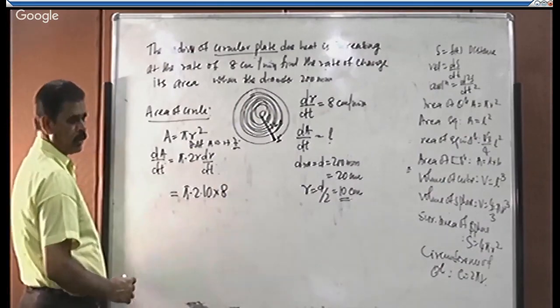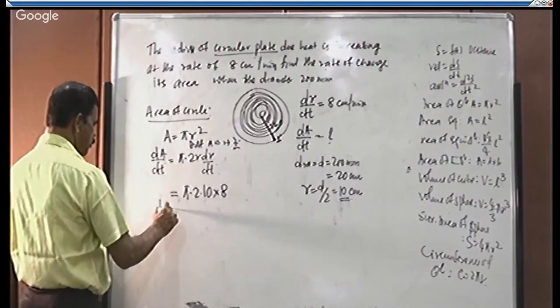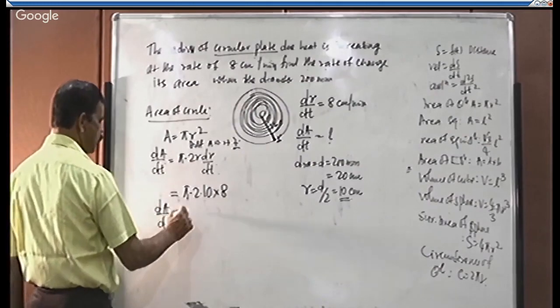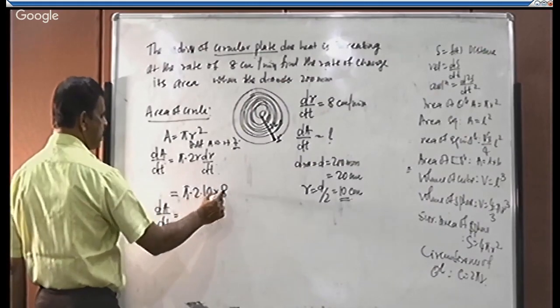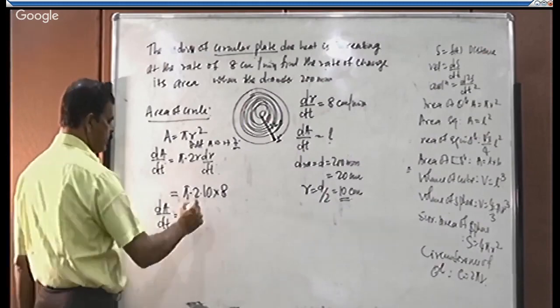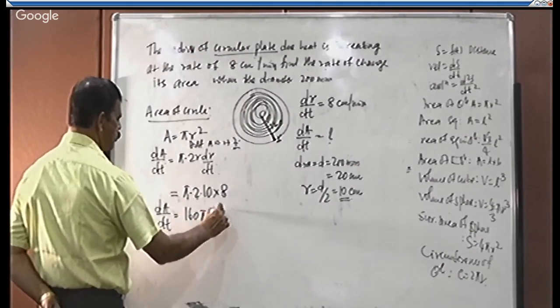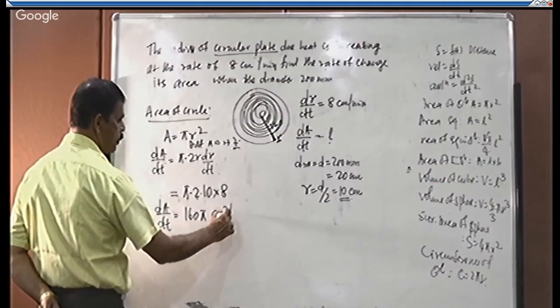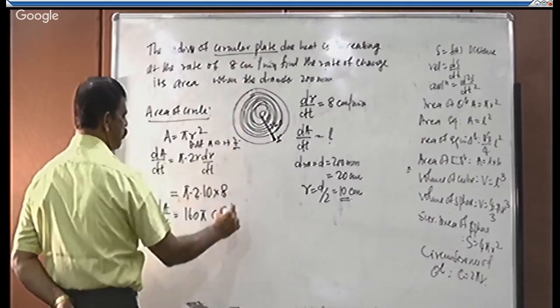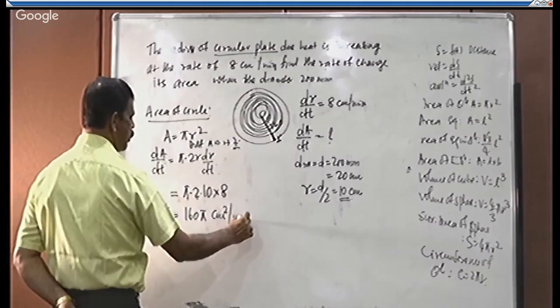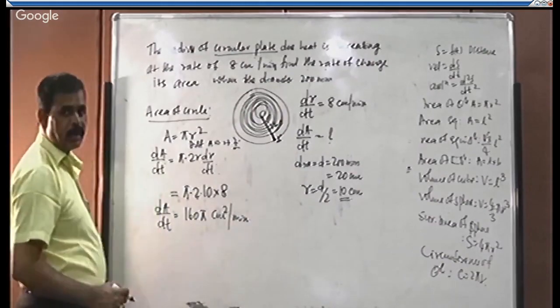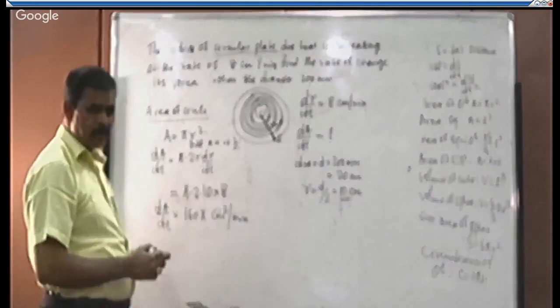It is 8. So dA by dt is equal to 8 into 2, 16. 16 into 10, 160 pi. What is the unit? Centimeter square per, not second, minute, because the variation of radius is given in minute. Therefore, we have to write it in minute only.